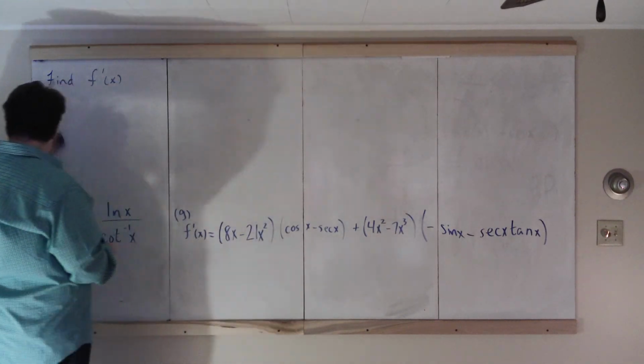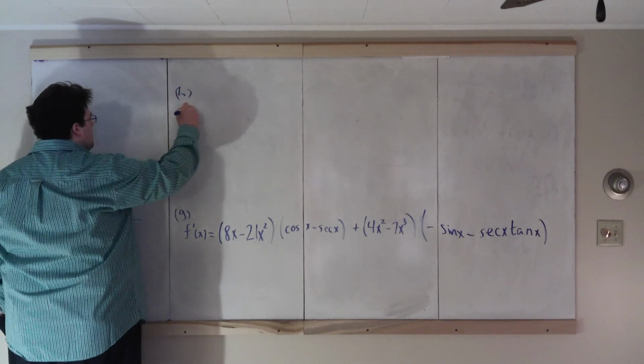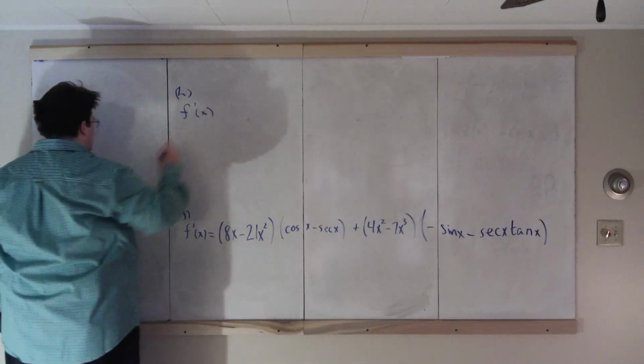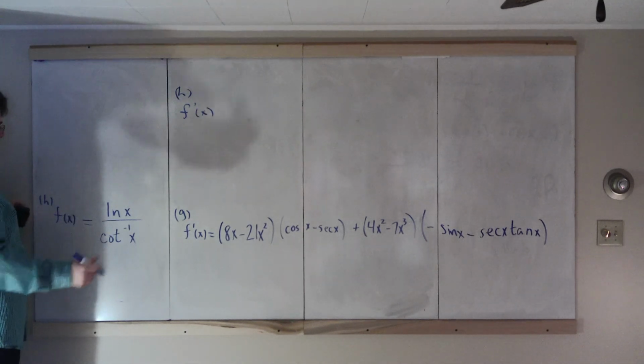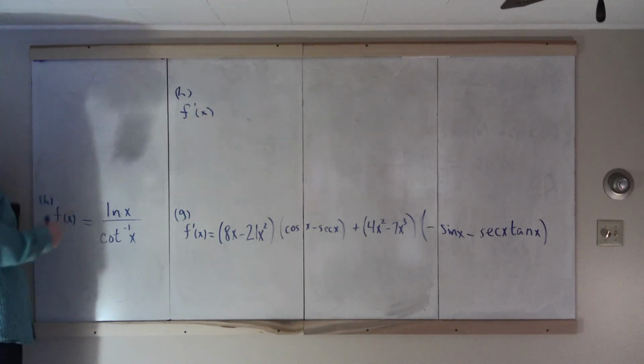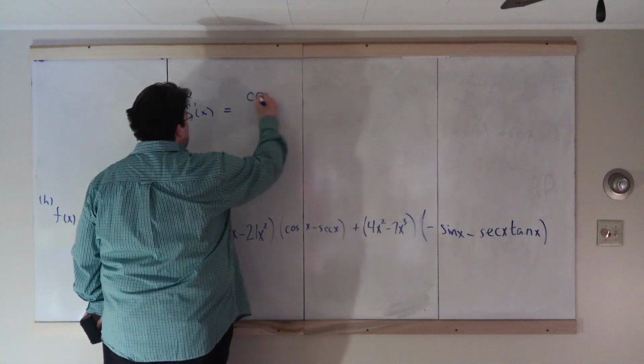So this last one we have a quotient, so we'll use the quotient rule. This is h, f prime x, so we have the quotient rule. Derivative quotient is bottom, derivative top, minus top, derivative bottom over bottom squared. So bottom is cotangent inverse.